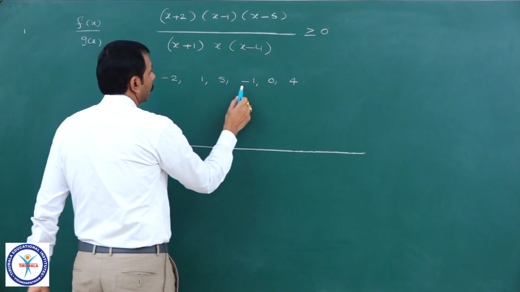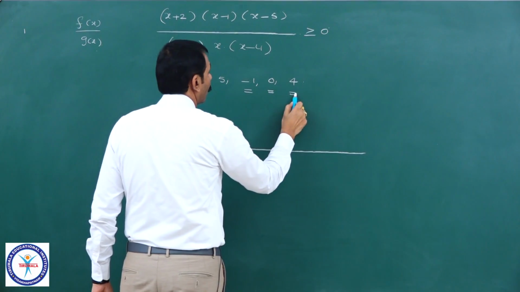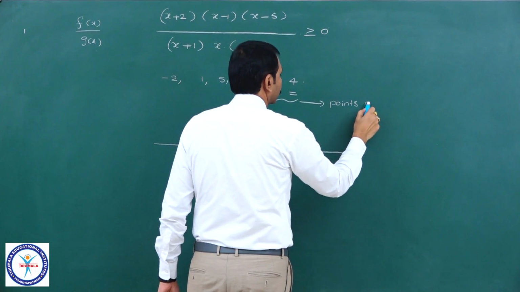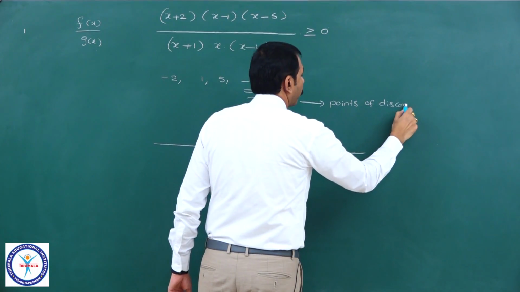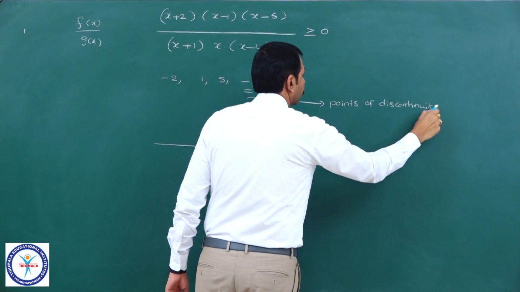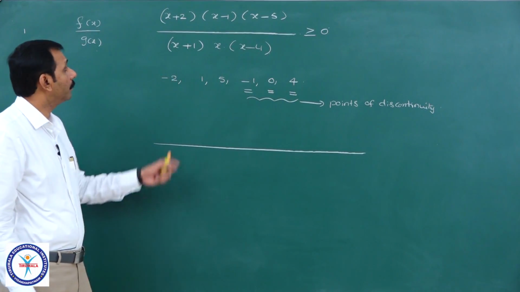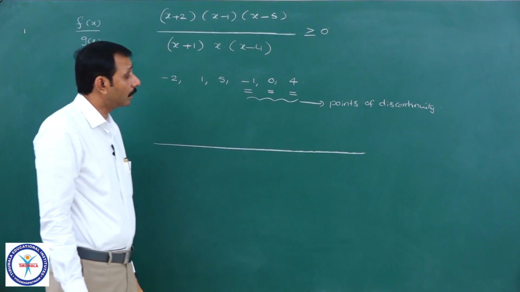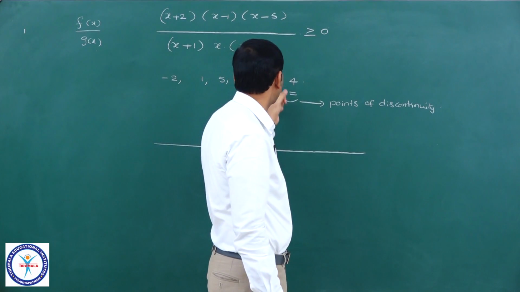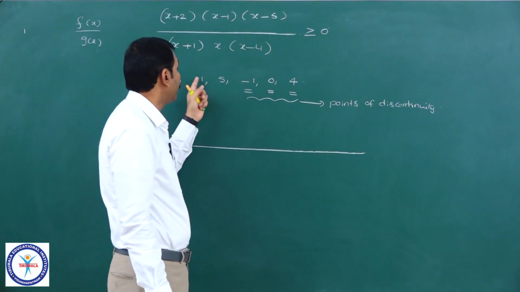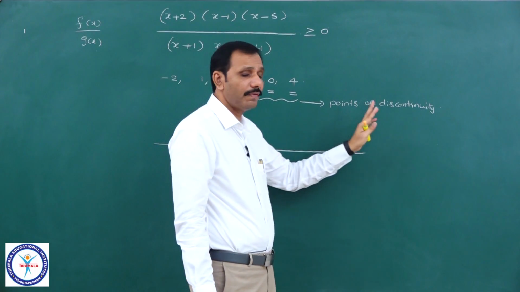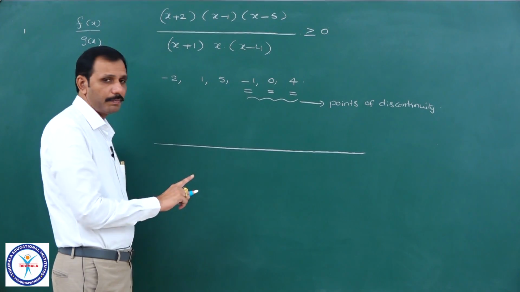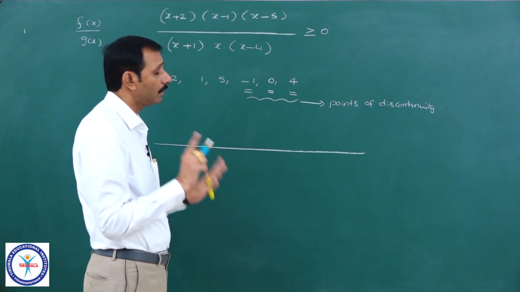These zeros, minus 1, 0 and 4, are called points of discontinuity, because it is in the denominator, at that point you cannot draw the curve. Therefore, values of x where the denominator equals 0 are points of discontinuity. At any cost, those should not be included in our solution.